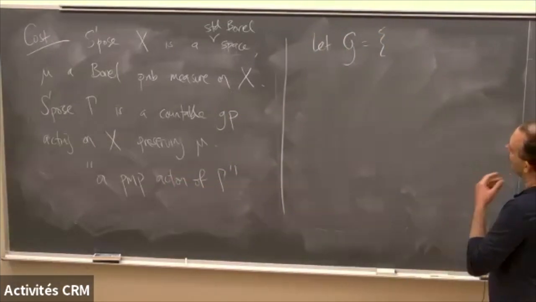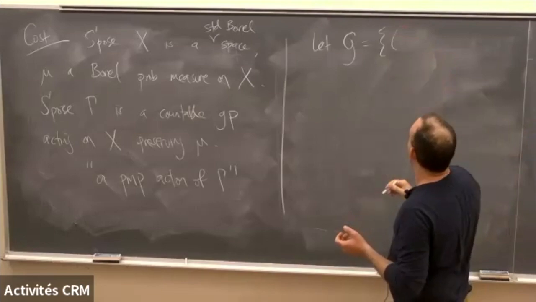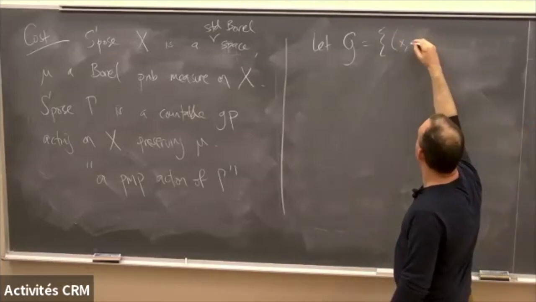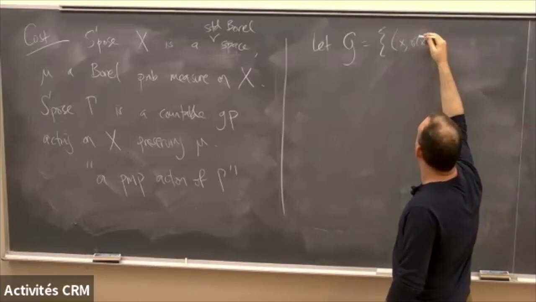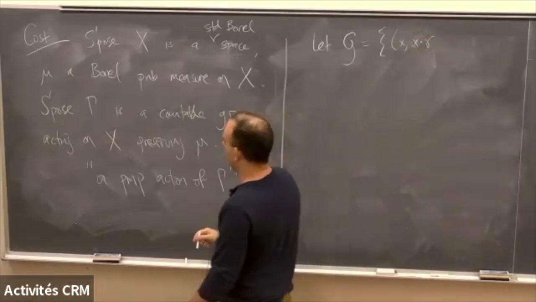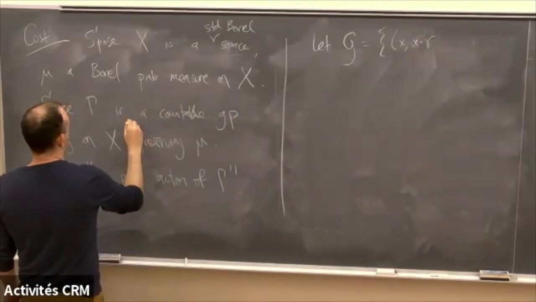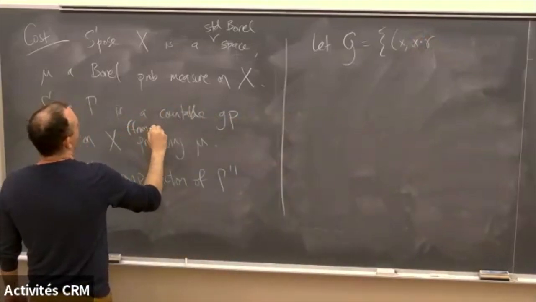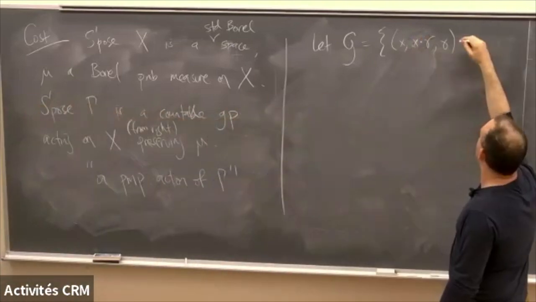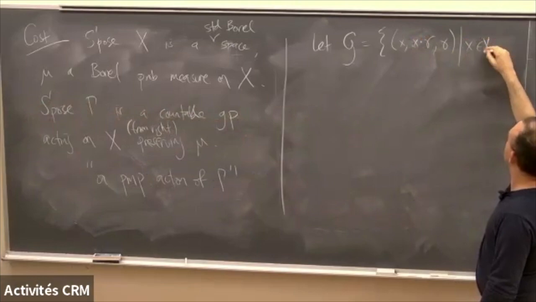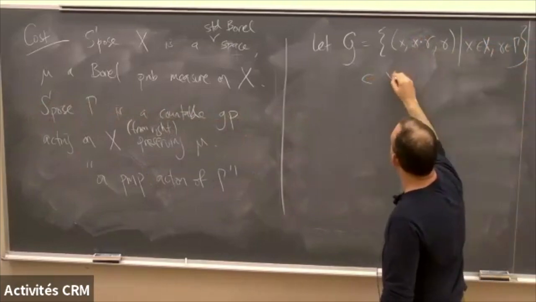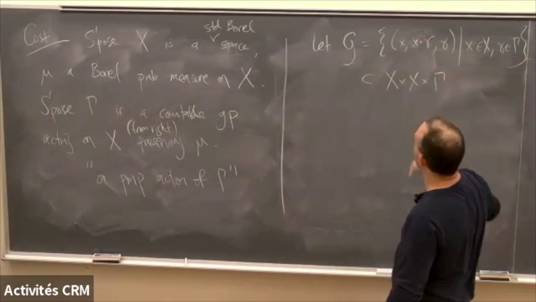It's just this set of triples, say (x, gamma), where I'm doing right actions, where x is in X and gamma is in Gamma, and this is just a subset of X cross Gamma.